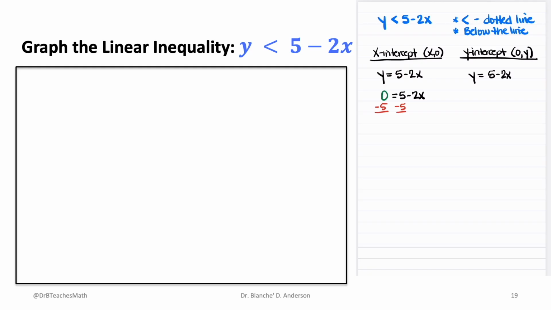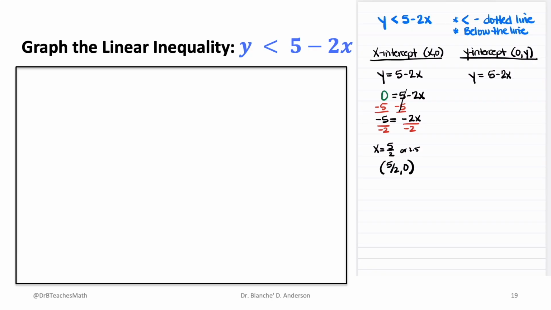So then that's going to be negative 5. That goes away, and then I have equal negative 2x. I'm going to divide by negative 2, divided by negative 2. A negative times a negative is positive, so I have x is equal to 5 halves. We know that's 2.5. Okay, so when y is 0, x is 5 halves.